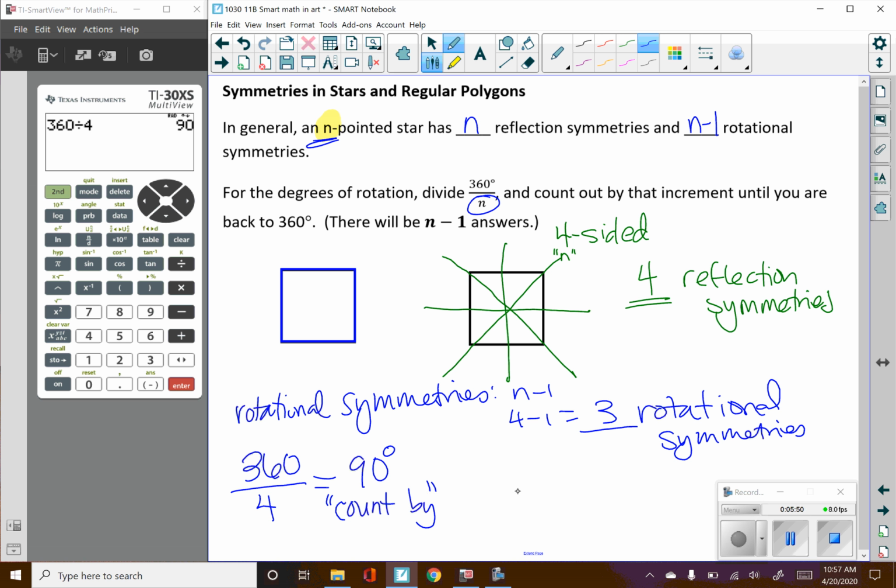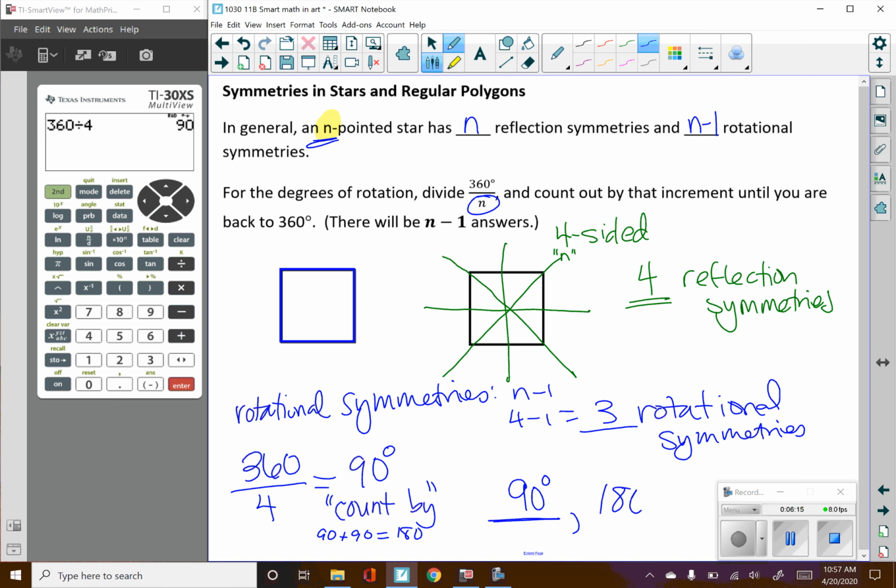Our first answer would be a 90-degree rotation. I will show you what that 90-degree rotation would look like. If we rotated this 90 degrees, it's the same. Then we're going to count by 90. We're starting with 90 now, and we're going to add another 90 to get 180.